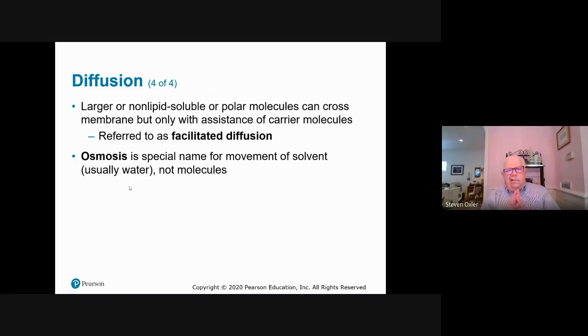If there is a larger molecule or a polar molecule that has trouble crossing the membrane, it can be assisted by carrier molecules produced by the membrane. And that means that it is facilitated diffusion. These carrier molecules attach to that larger nonpolar, soluble, or polar molecule and pull it in, or take it out.